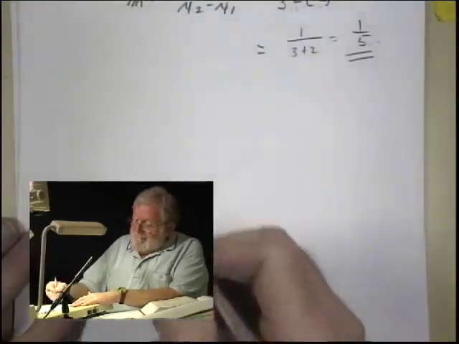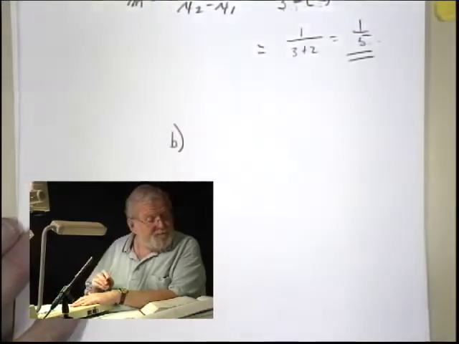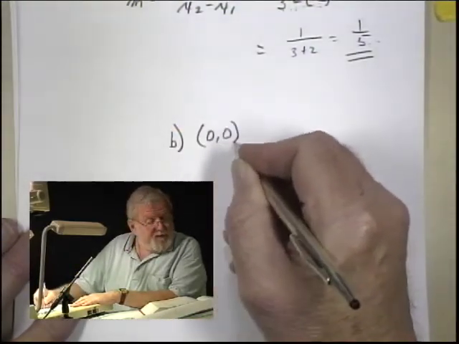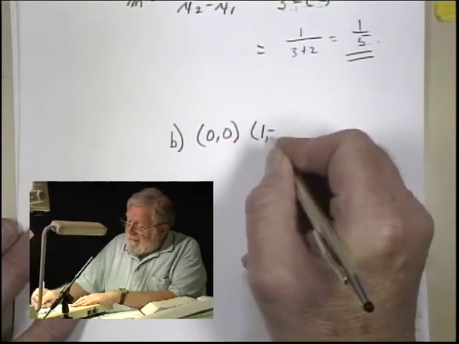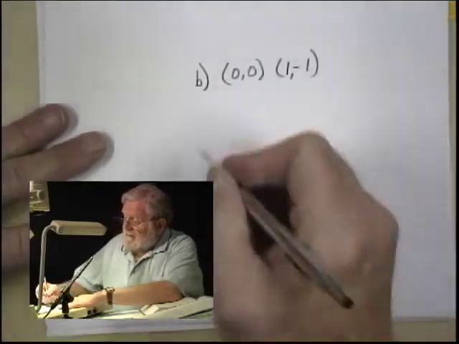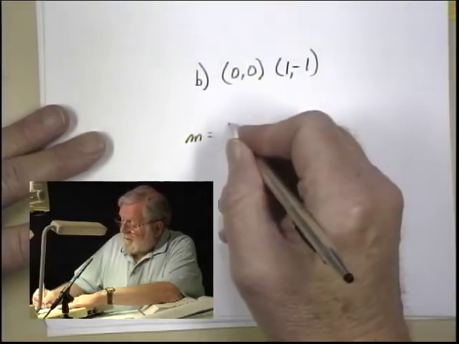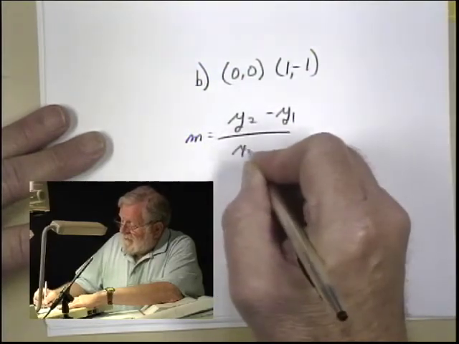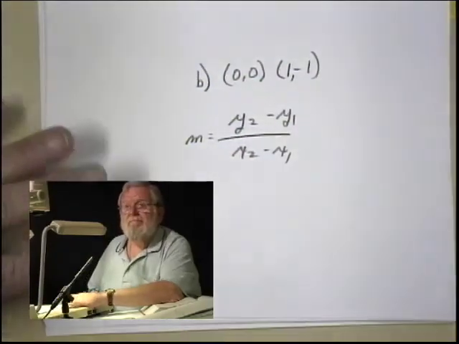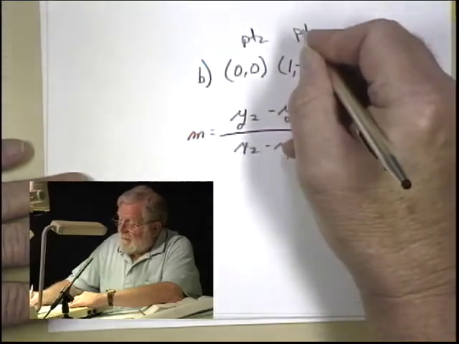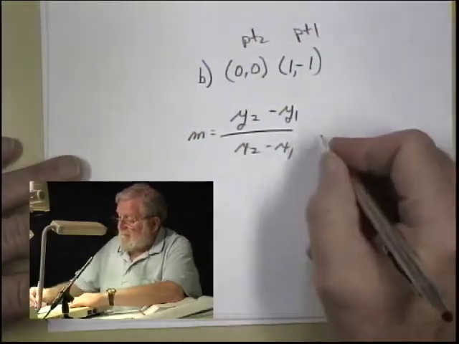And the second point in this example, find the slope between 0 and 0 and 1 and a -1. So again, our slope equals y2 minus y1 over x2 minus x1. We'll make this point 2 this time, and this point 1, doesn't matter which is which.